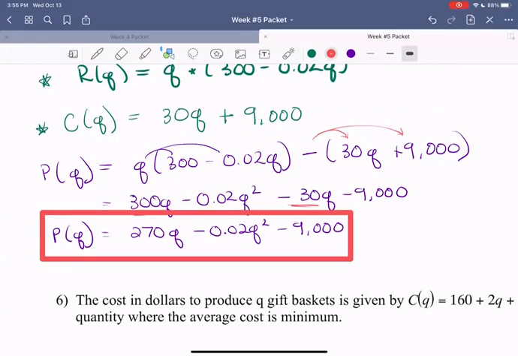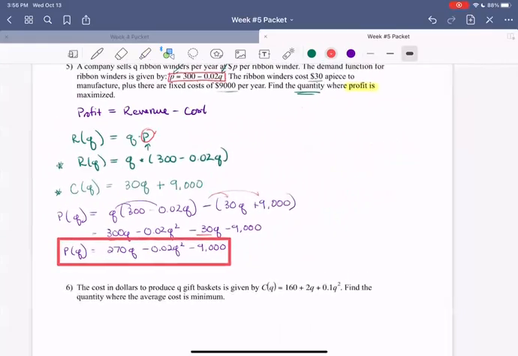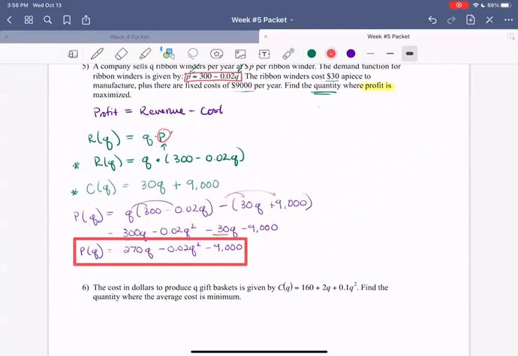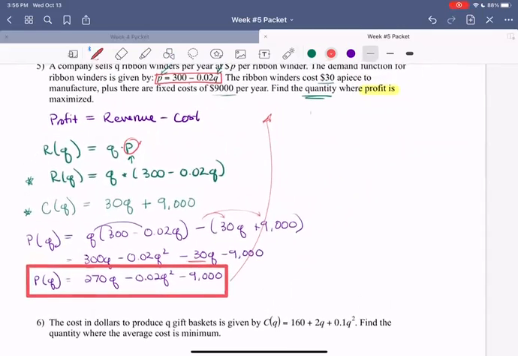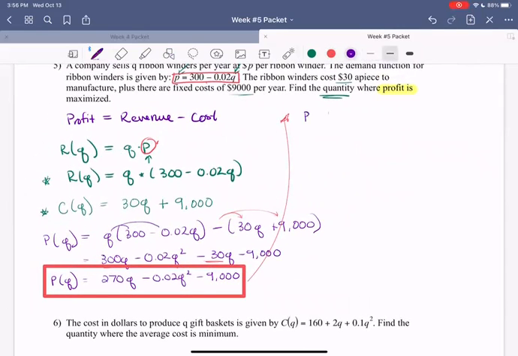Okay, so we want to maximize this profit. To do that, we need to find the derivative of our profit function and find the critical values of that profit function. So we need to compute P prime of Q. Just taking the derivative of each term, we get 270 minus 0.02 times 2Q.